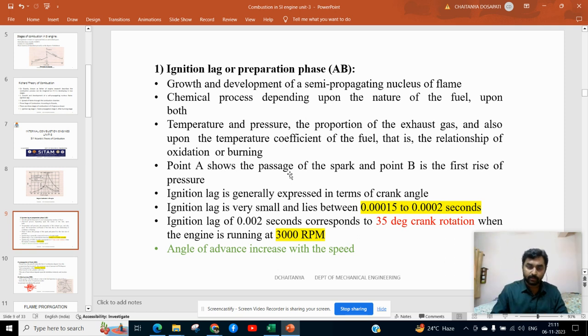A small flame will be ignited or liberated. With this, the angle of advance increases with the speed of the engine. So this is all about the ignition lag.